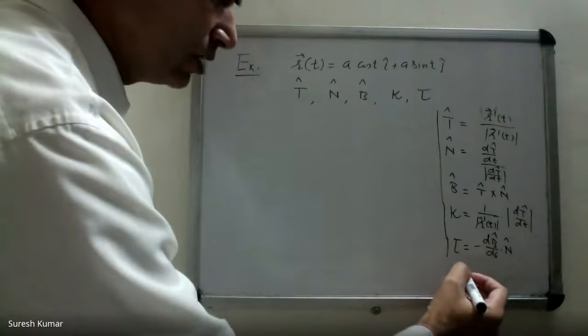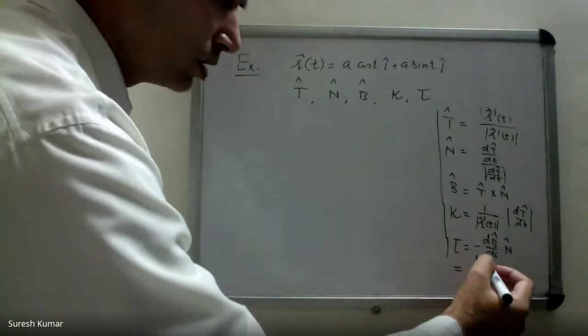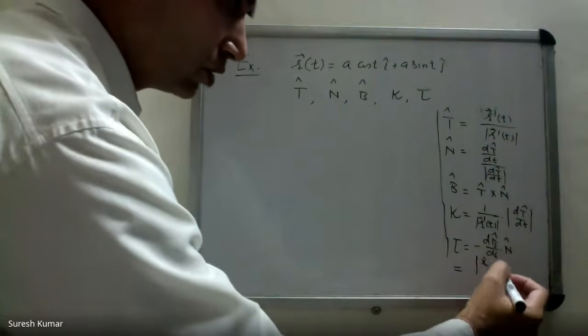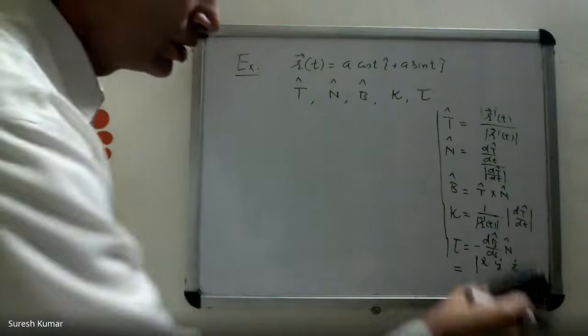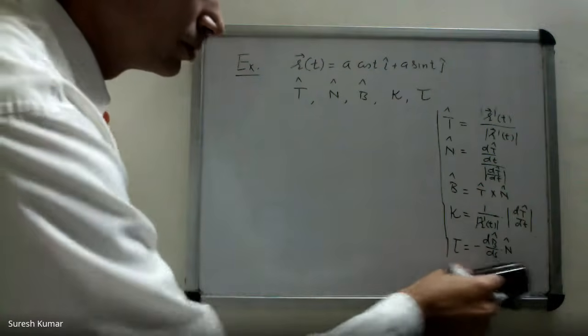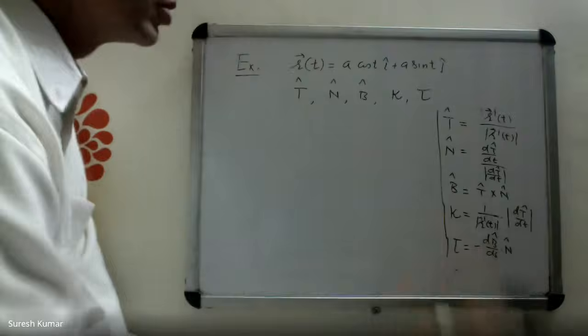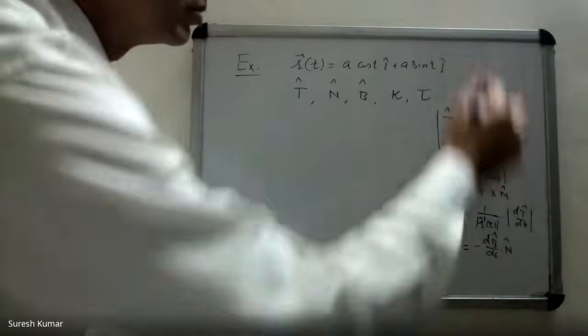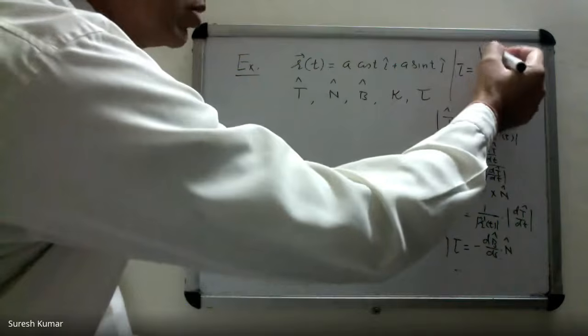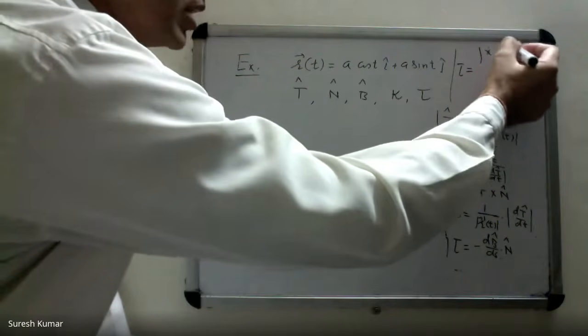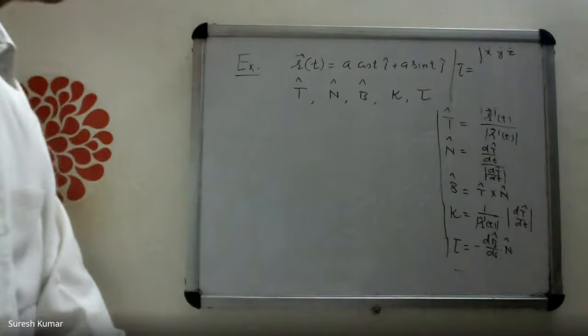But let me tell you another formula that you can use in the problems. x dot, y dot, z dot, or I should write it more clearly somewhere here. x dot, y dot, z dot. Dot means first derivative with respect to t.